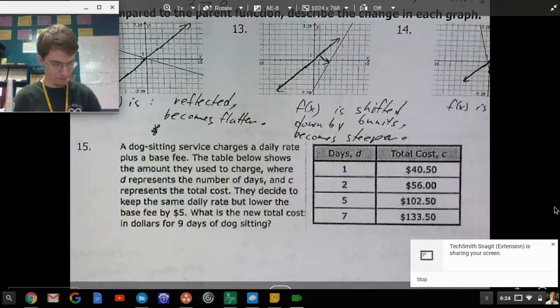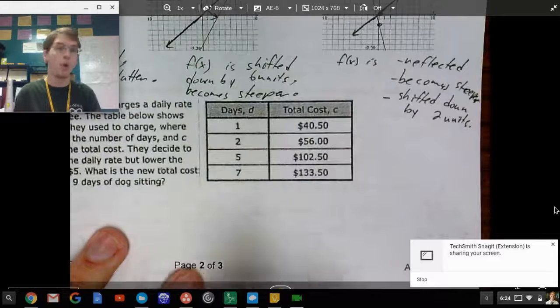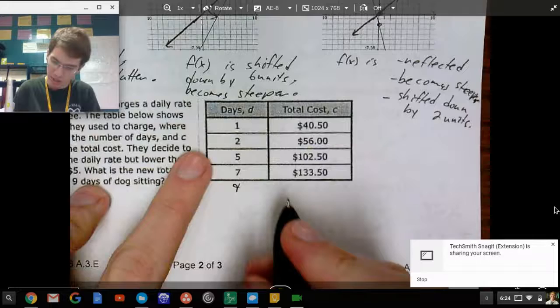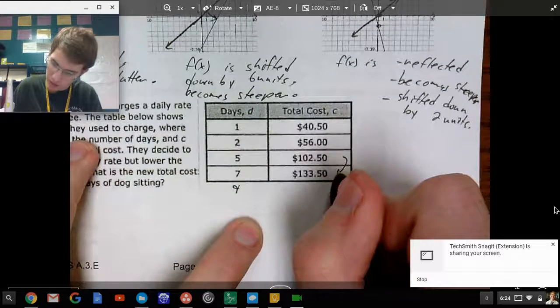Okay. Well, let's see. They said they're going to keep the same daily rate, right? Why don't we figure out in the old costs, remember there's the old costs here, how much it went for 9 days, because it's going up by 2s here.